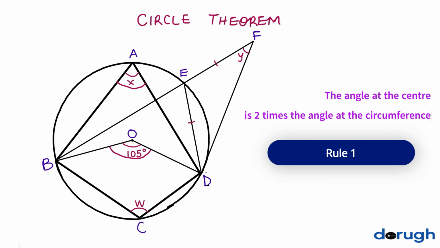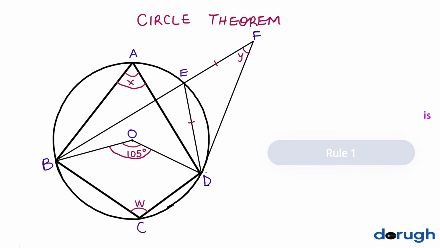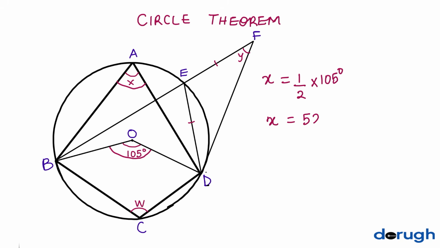So the angle at the center, which is 105 degrees, is twice the angle at the circumference, which is our x. So to find x, all we have to say is x is half of 105 degrees. X would then be 52.5 degrees.